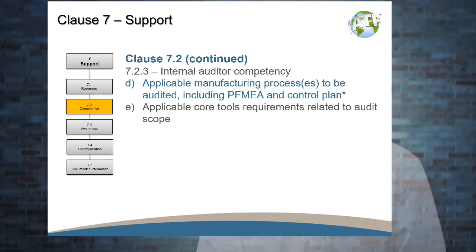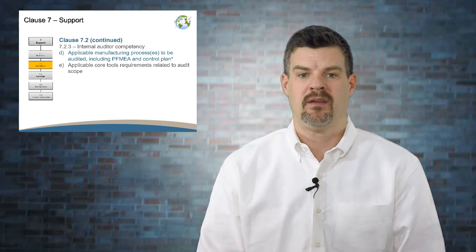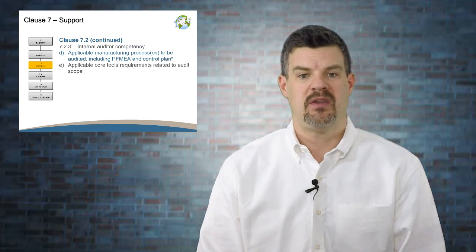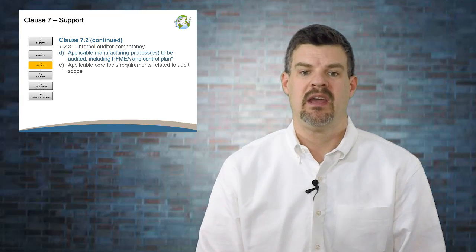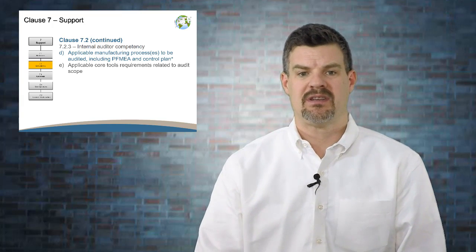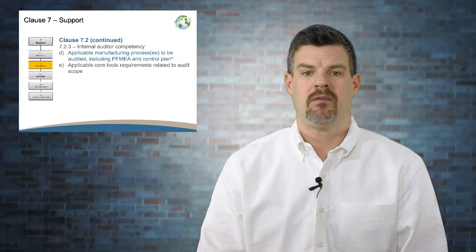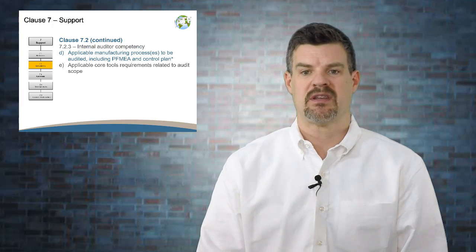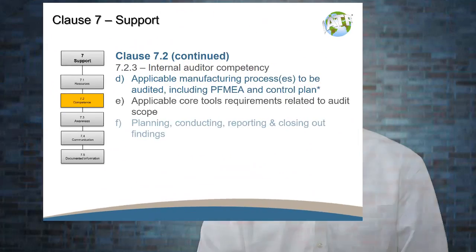So the idea there is any core tools, be it FMEA, control plan, the APQP, PPAP, so on and so forth, SPC, MSA. If there's an applicable overlap there or underlying requirements there with regard to the process or processes you're auditing, you need to be familiar with those core tools as well.